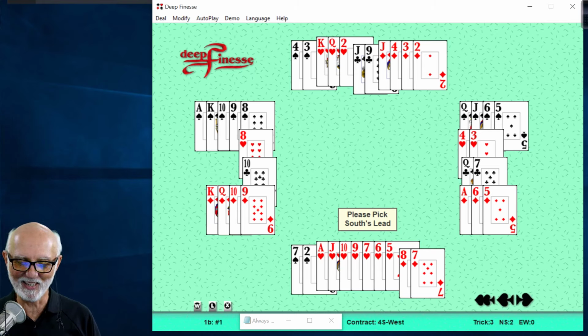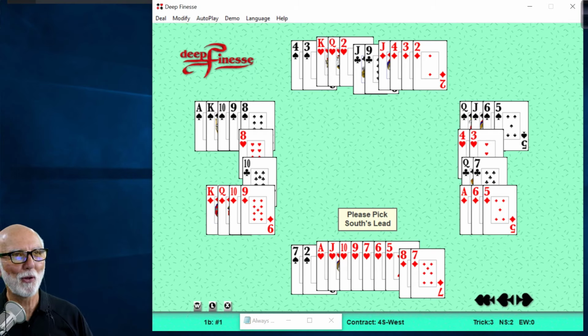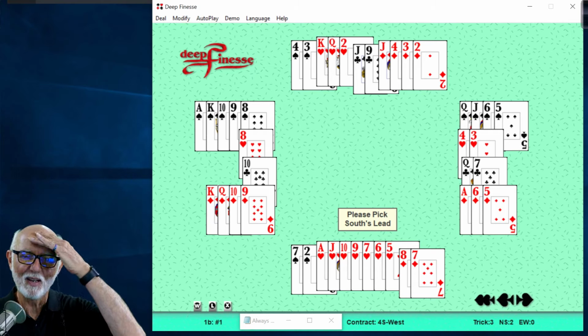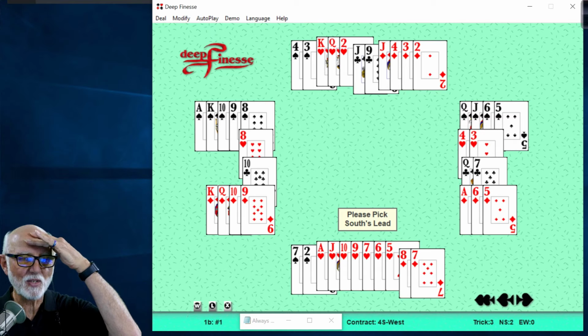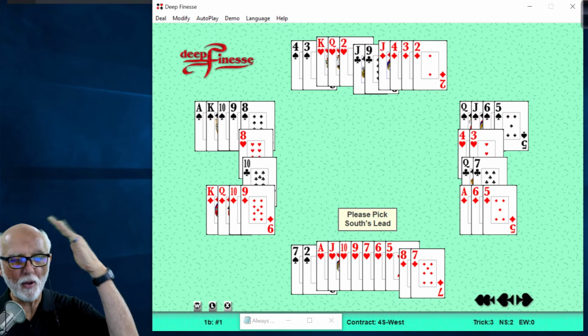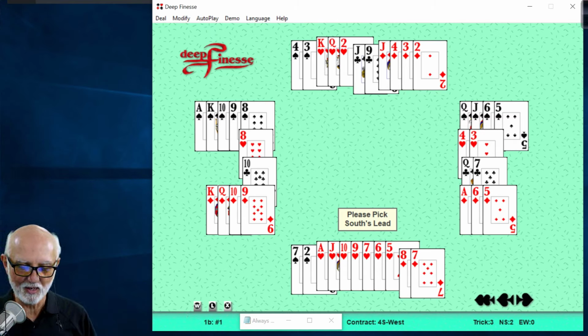How about that? So the only way you can get to the hand to get a ruff, if it's an IMPs game or rubber bridge, you're playing in the Bermuda Bowl, you've really thought about this. I want that ruff so bad I can taste it. Hopefully the opponents don't have a singleton king of diamonds or hearts.